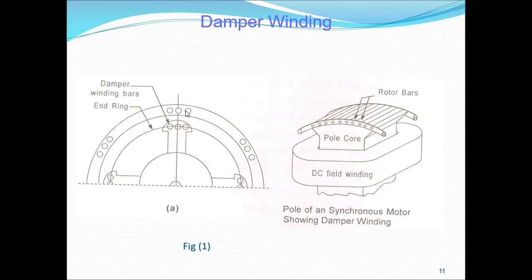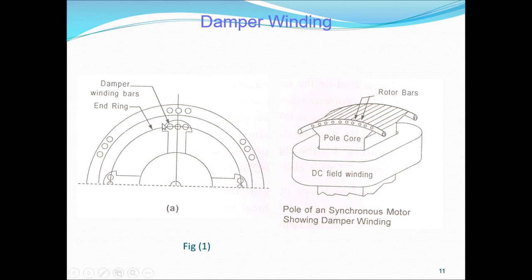So how can we reduce this hunting by using damper winding? Hunting can be prevented by providing damper winding, also known as damper grids or squirrel cage winding. So how is the damper winding there?